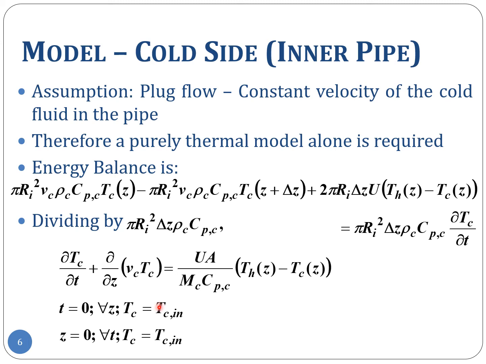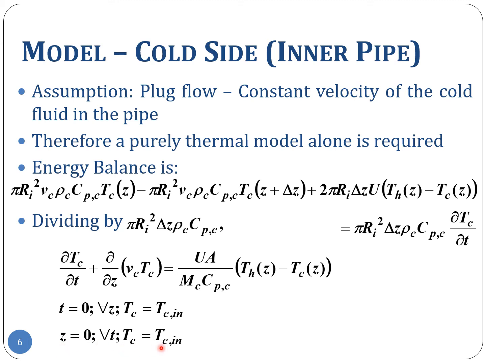Now coming to these initial conditions, the first one is for all times, even after you have started operating the double pipe heat exchanger, at the inlet z equal to 0, the cold fluid has a temperature Tc in.